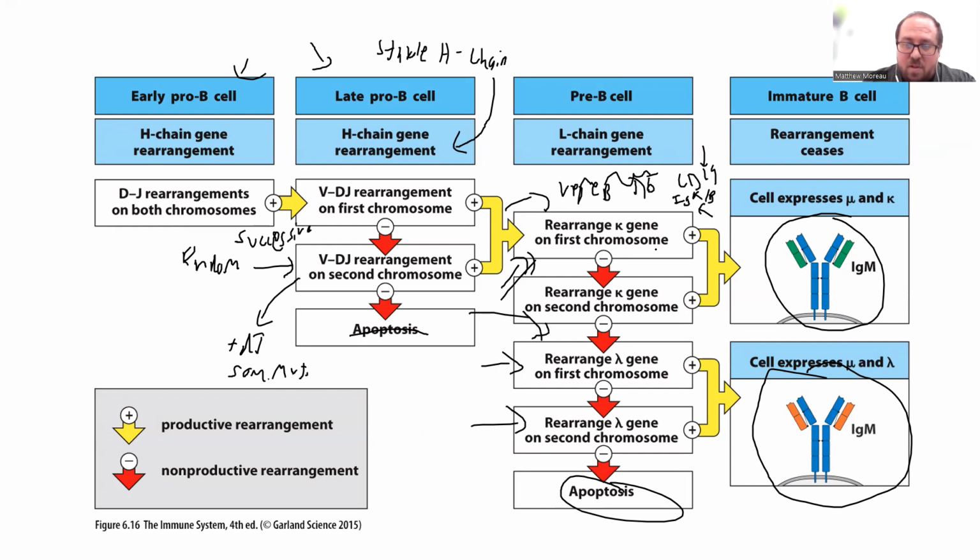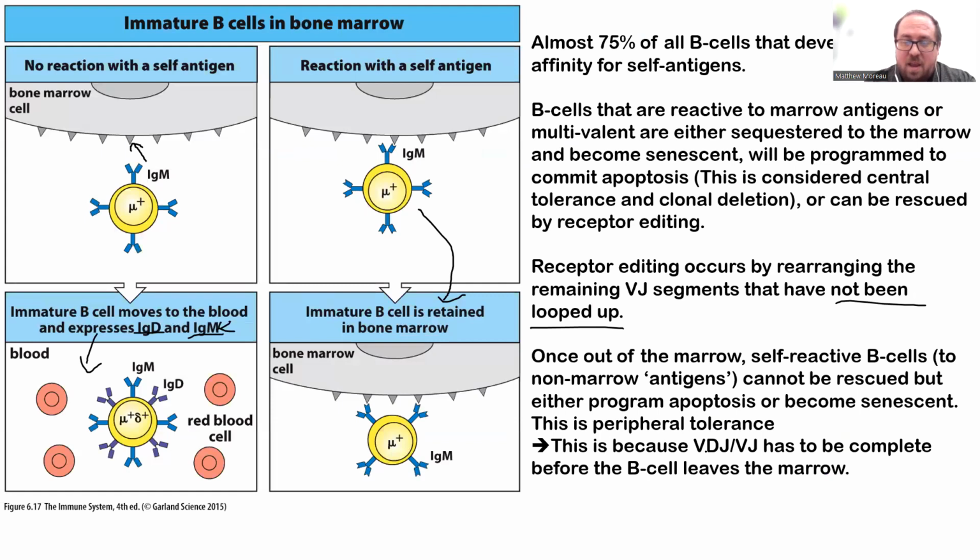If it's anywhere along this line that has not completely moved out all the V and J segments in the DNA, the B cell can be resequestered in order to see if another recombination event occurs.